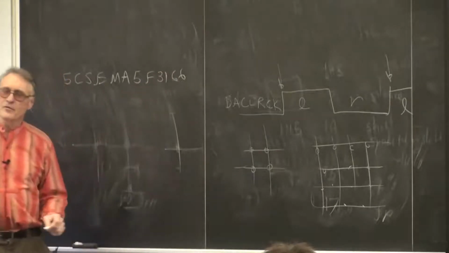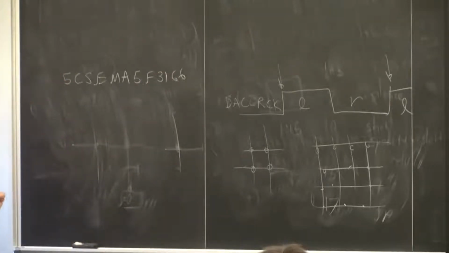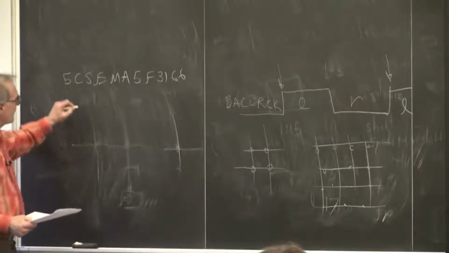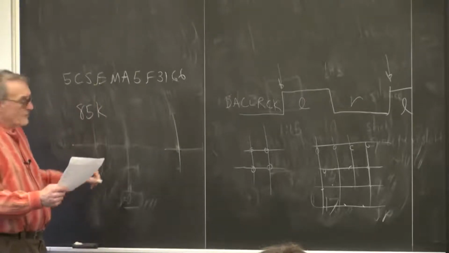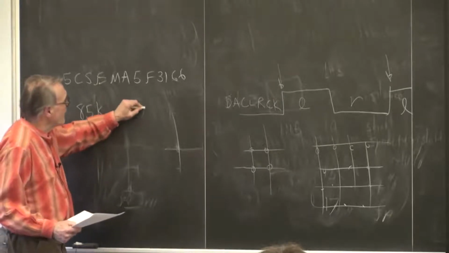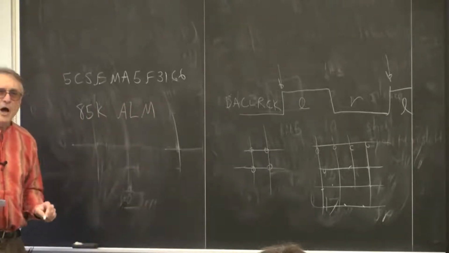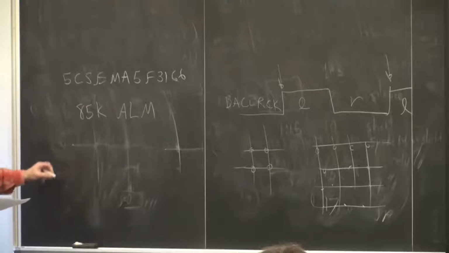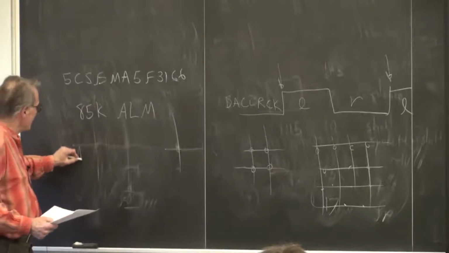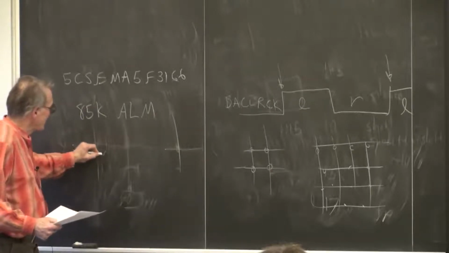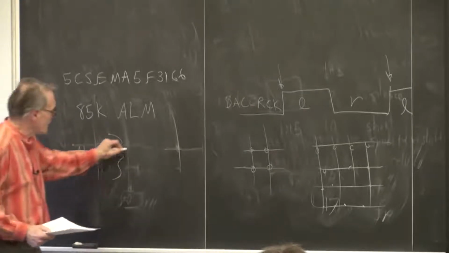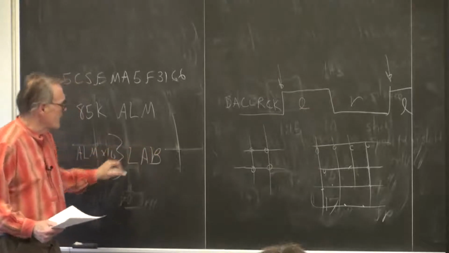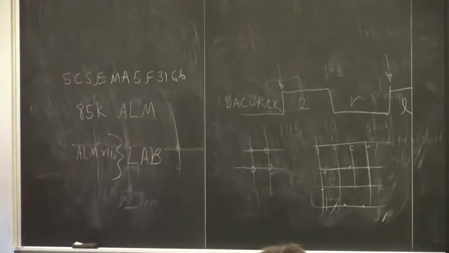As near as I can tell from the data sheet, that means that it has about 85,000 advanced logic modules, ALMs. 10 ALMs are grouped into one logic, into one lab, logic array block.